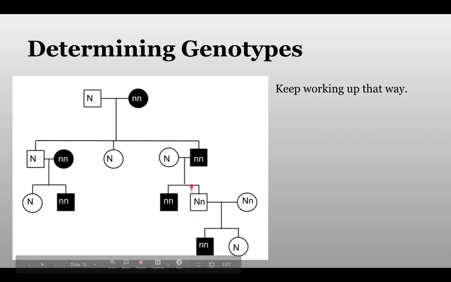Just like with this family right here, if the individual has a child that has the trait, so a child that has two lowercase, they have to have a lowercase. Also, if the individual has a parent that has two lowercase, they also will have a lowercase. Okay, with that hint in mind, go ahead and fill this out, pause it, and when you are done, you can play it again.